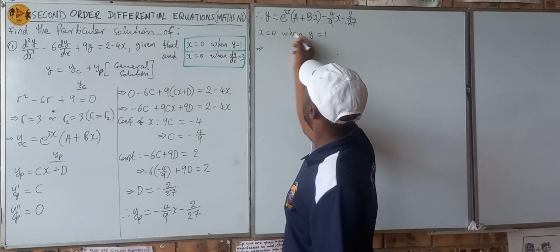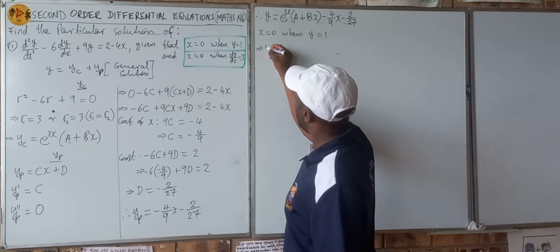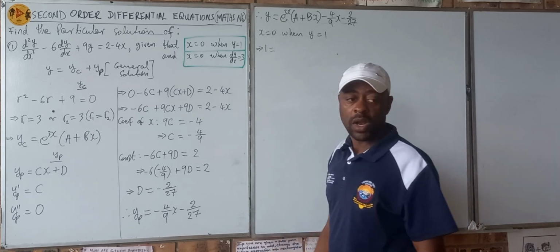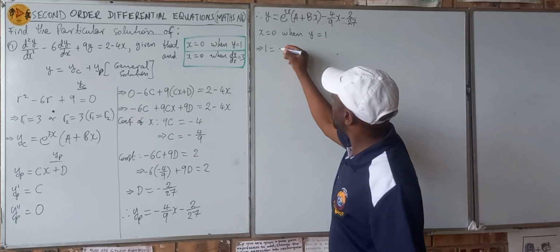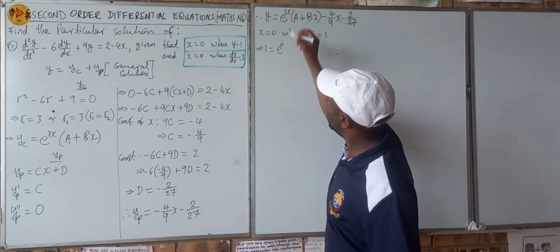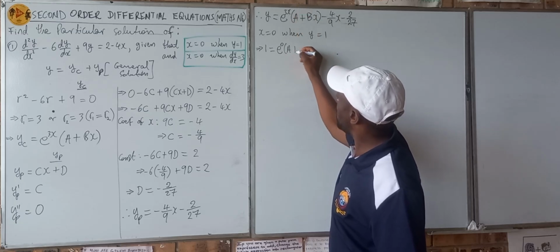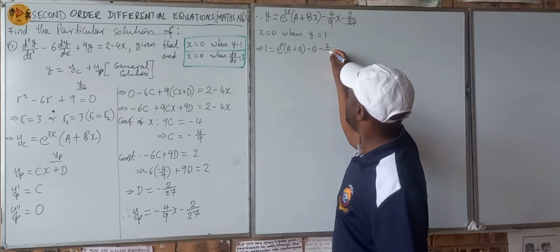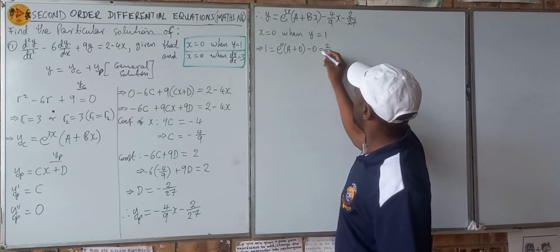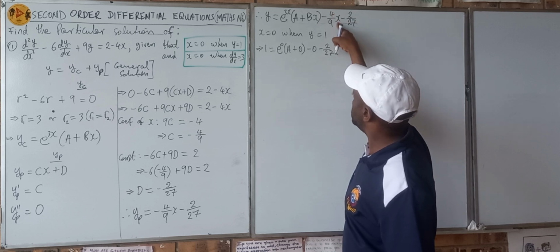I will replace every y by 1. I've got only one y there, I will replace it by 1. Then I will replace every x by 0. So I will get e to the power 0, since 3 times 0 is 0, into a plus 0, since b times 0 is 0, then minus 0 minus 2 on 27. Minus 0 because 4 over 9 times 0 is 0.